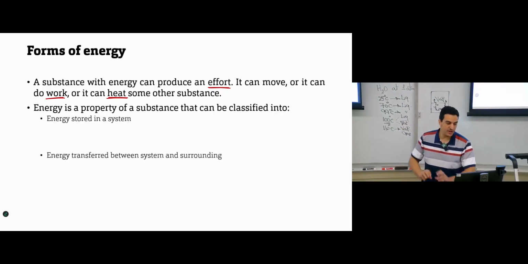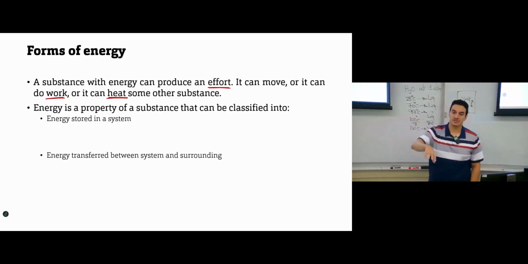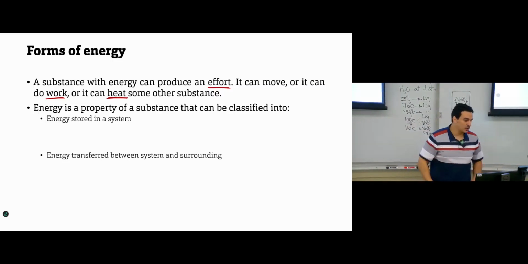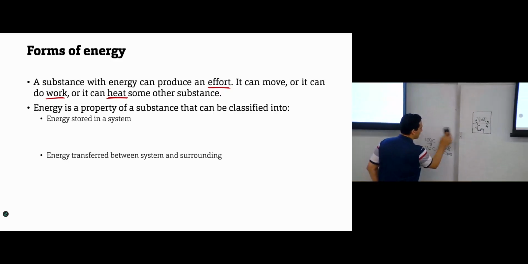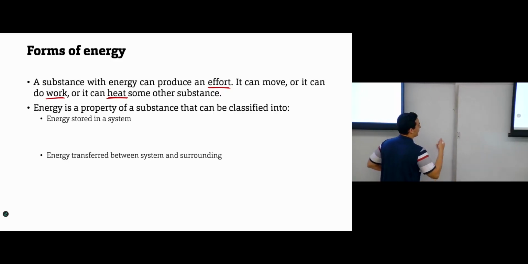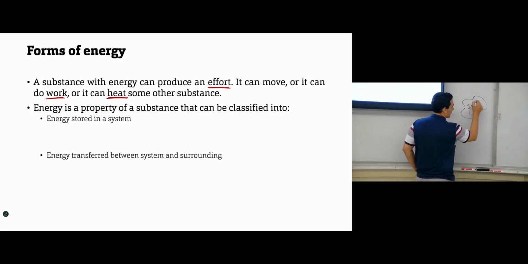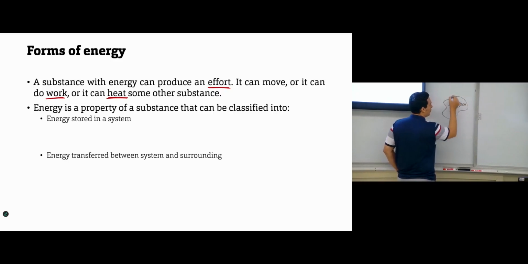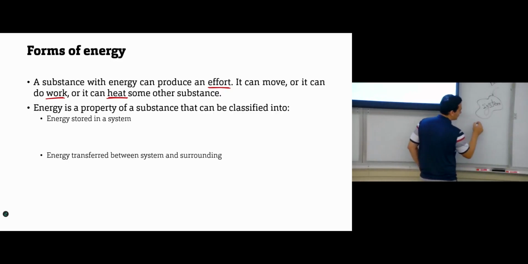Energy is classified into two categories. Energy can be stored in the system, or energy can cross the boundary between the system and surroundings. If you remember, when we first described the system, we said that we have our system and we have a boundary, and anything outside the boundary is your surroundings.